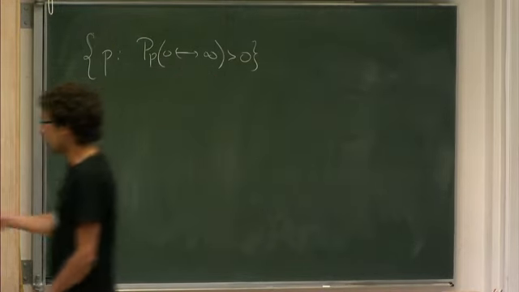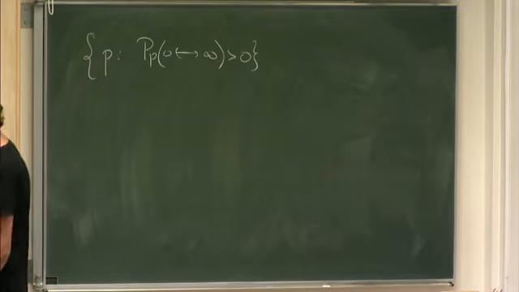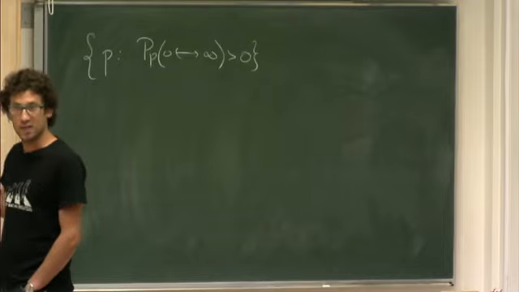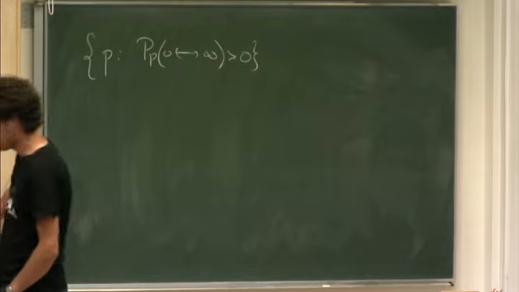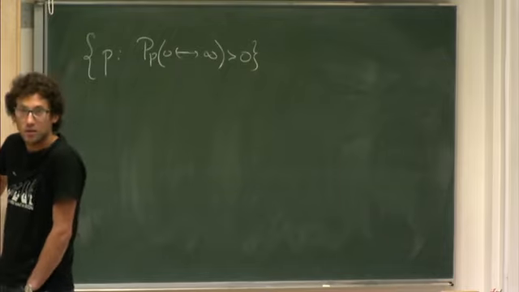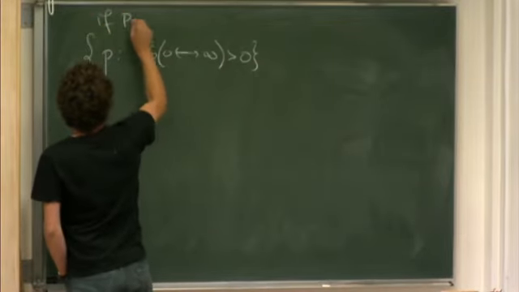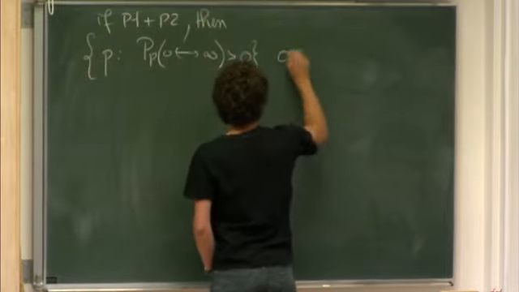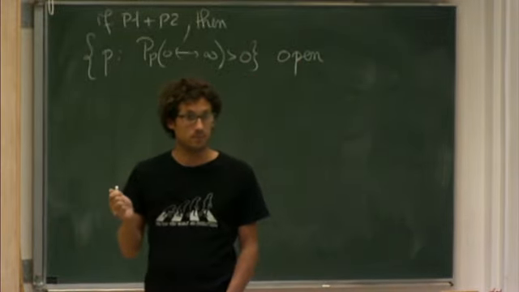It has to be open because it's just the union over n of this thing. And En depends only on finitely many edges, so this function is continuous. So the set of p for which you have that is open. So P1 plus P2 gives that this set is open, and if it's open, it cannot contain pc.